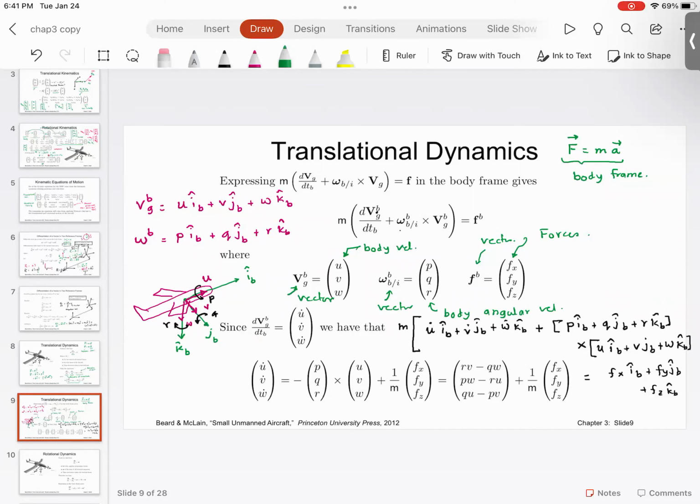If you take the jb's together, you get v dot is equal to pw minus ru plus fy divided by m. And if you take the kb terms, you get w dot is equal to qu minus pv plus fz divided by m. Everyone understood this?